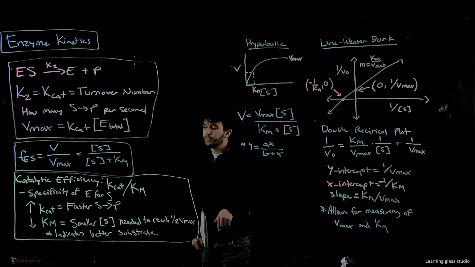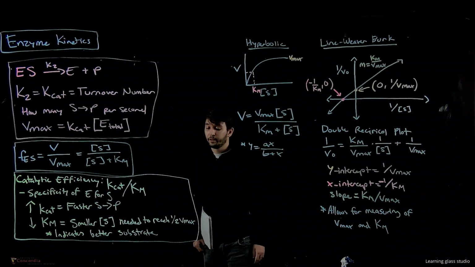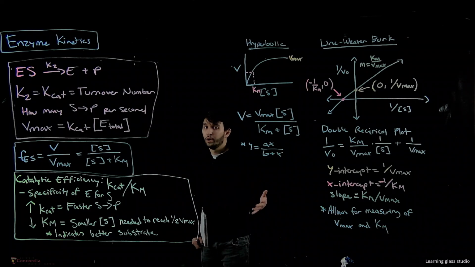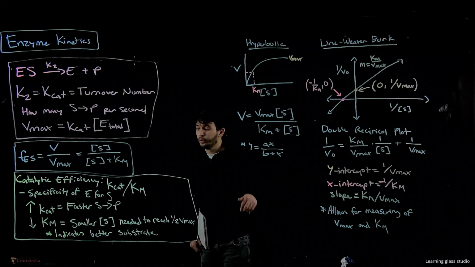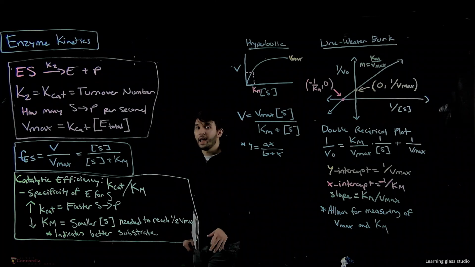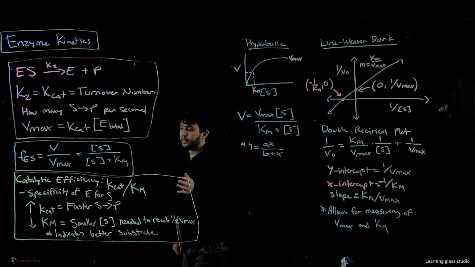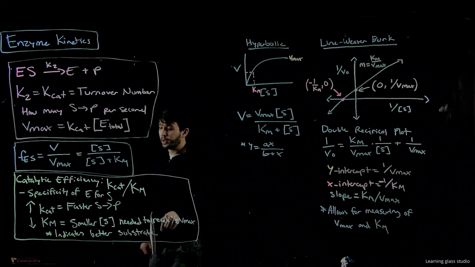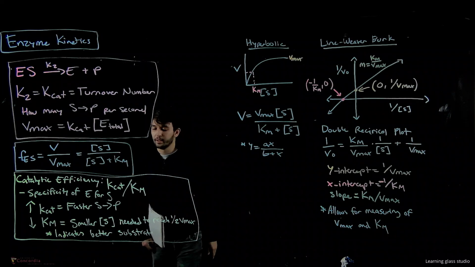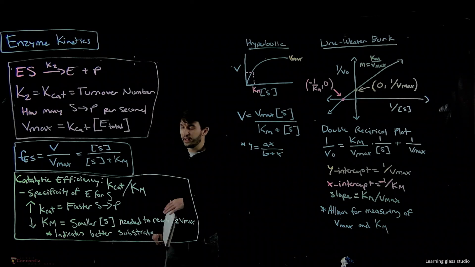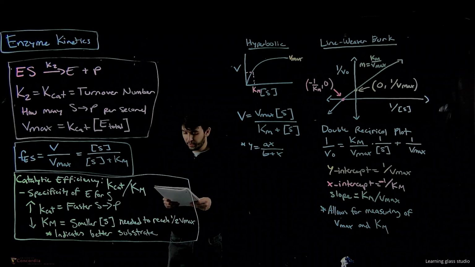And if we decrease Km, that means you have a smaller amount of substrate needed to fill 1/2 of all enzyme active sites to reach 1/2 Vmax. So less substrate is needed to fill 1/2 of all enzyme active sites. So higher kcat and lower Km make for a better enzyme. Thus, higher kcat and lower Km give higher catalytic efficiency. It indicates that it is a better substrate for the enzyme.